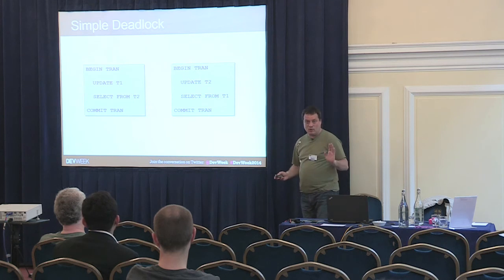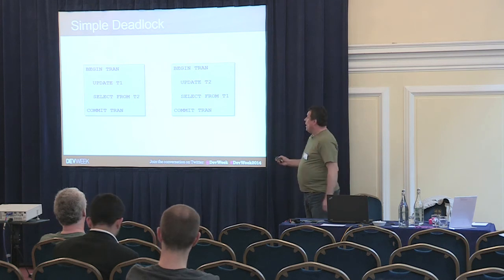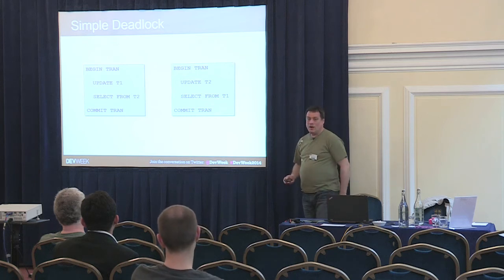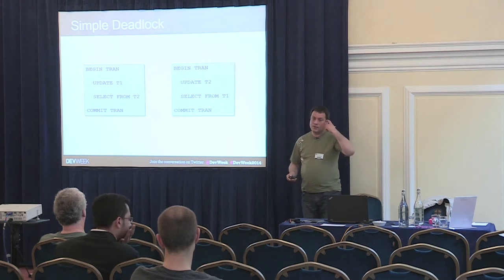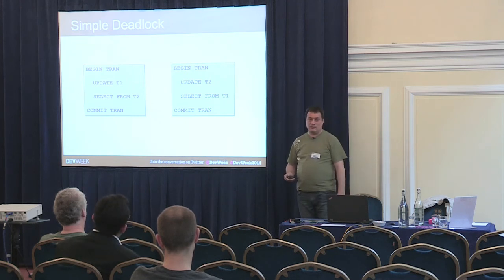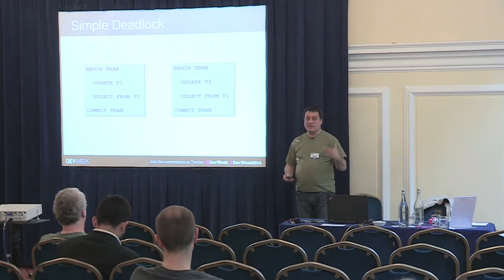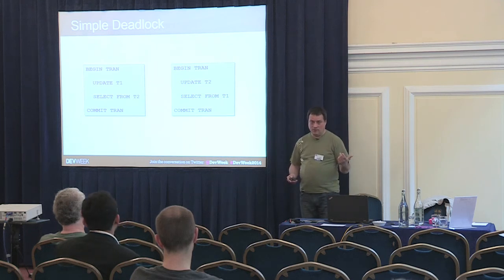So I got a wait lock so far. However, now this one is trying to read from table 1, and now I get a deadlock. SQL Server will select one of these transactions as a victim, typically the one with the lower cost, that did less work, fewer updates. Okay.